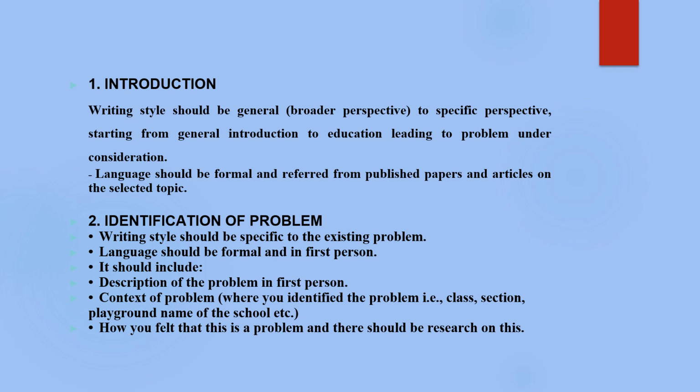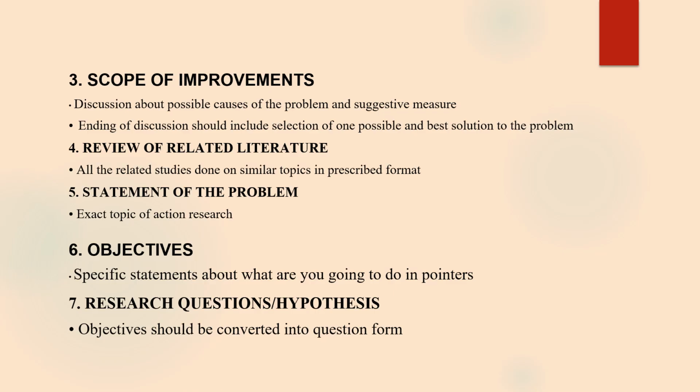That means classroom will be the most important place. Then how you felt that this is the problem and there should be research on this. That is the main theme of your identification of the problem. You have to write the gist, why you have selected and identified this problem, and the scope of improvement, which includes your discussion about the possible causes of the problem.